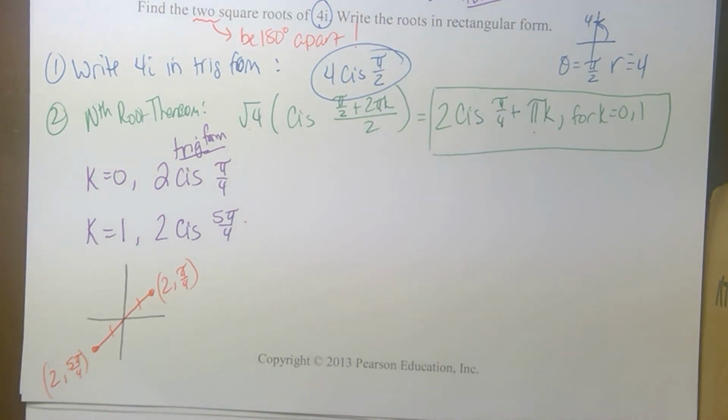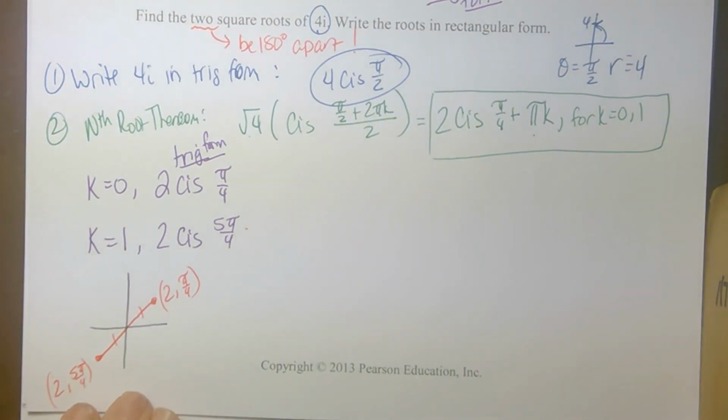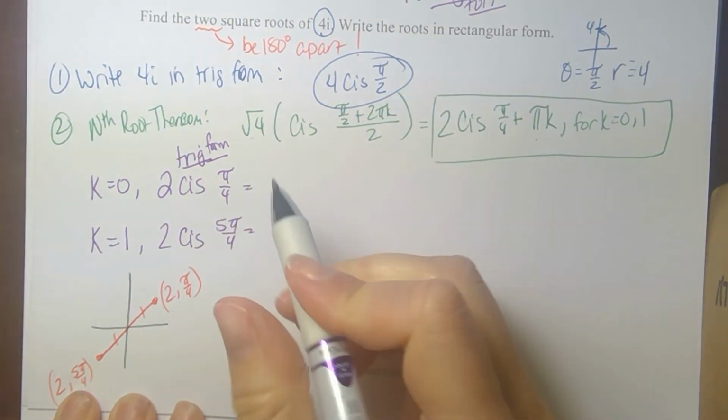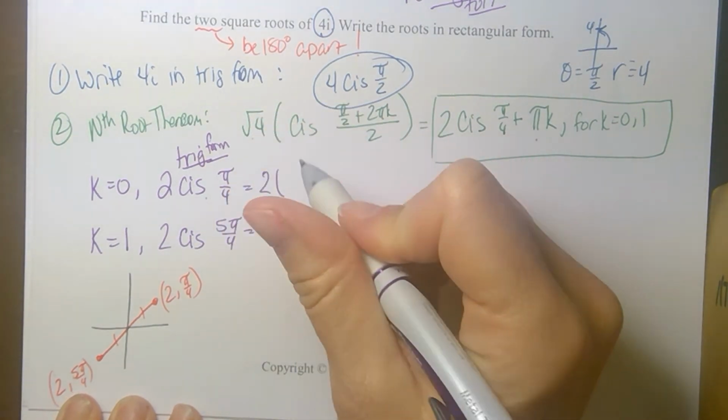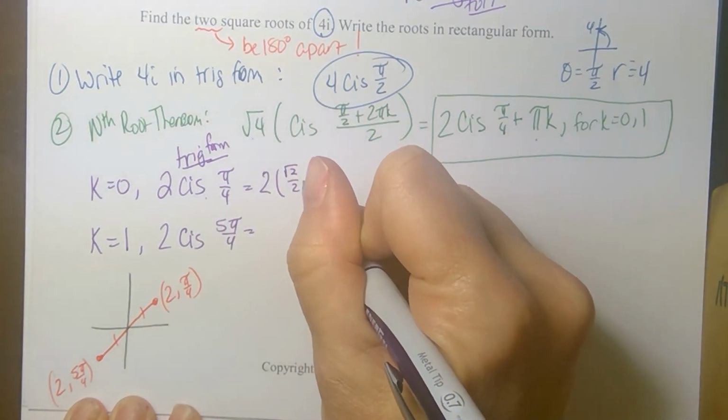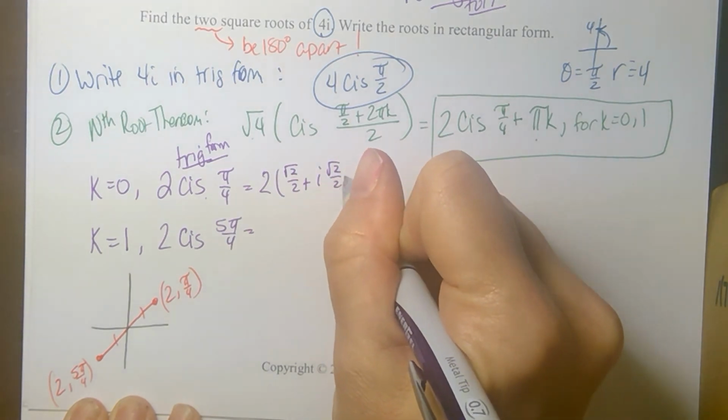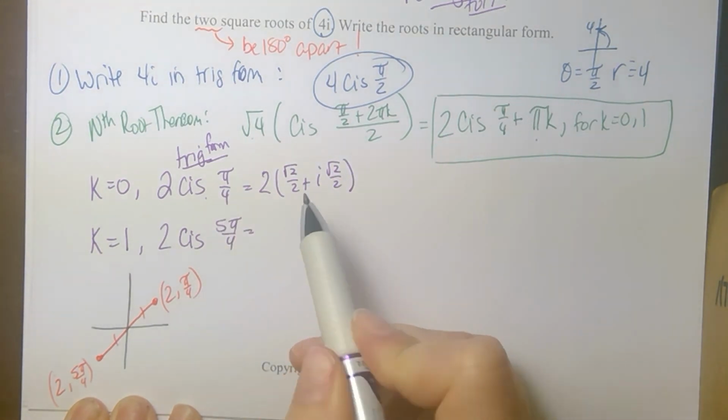All right, let's change from our trig form to our rectangular form because that's what we're asked to answer in. As we change this from trig form to rectangular form, I'm finding the cosine and sine function values at pi fourth first. So I have 2 times square root 2 over 2 plus i square root 2 over 2 because those are my values at pi fourth.